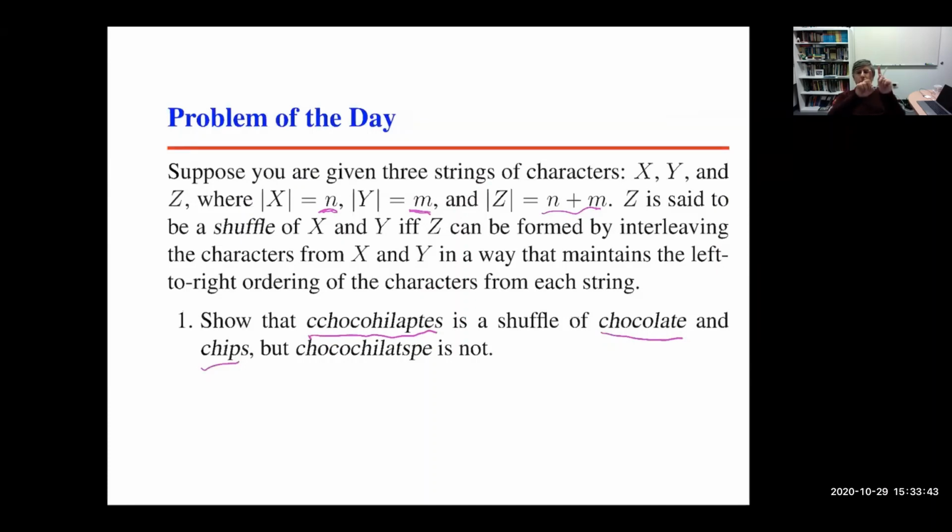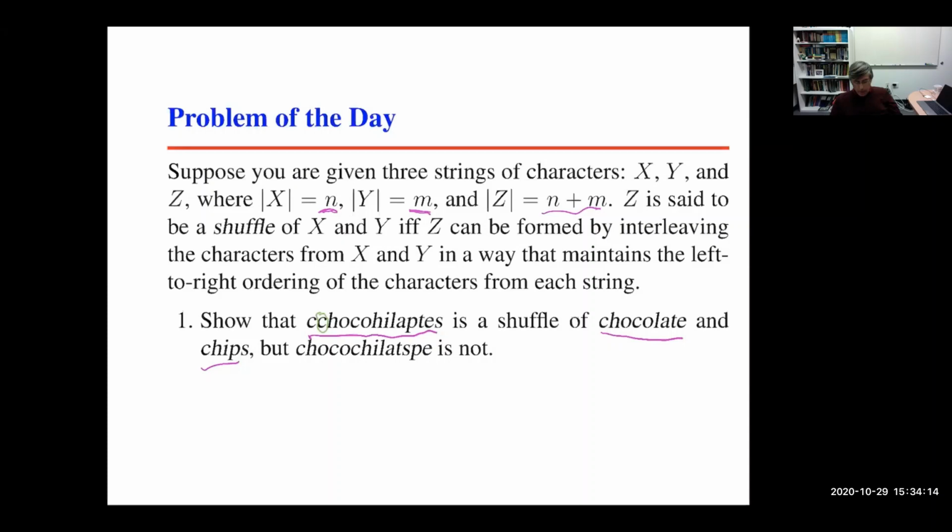Is there a way to embed the word chips in this, such that when you delete the letters of chips, you get chocolate? Can anybody propose a place where the chips should be? Presumably the first letter of chips could be either the first C or the last C. Let's make it that.